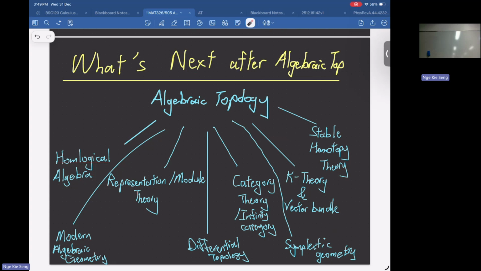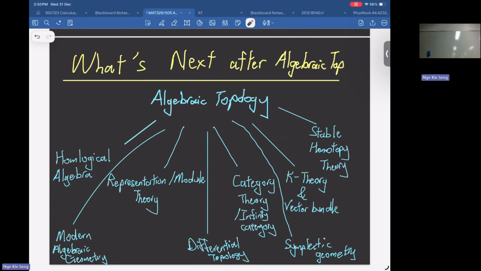And then we can get more abstract, into category theory, or even infinity category, where we learn something like the nerve.